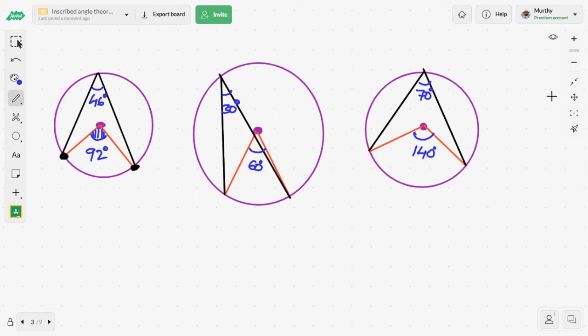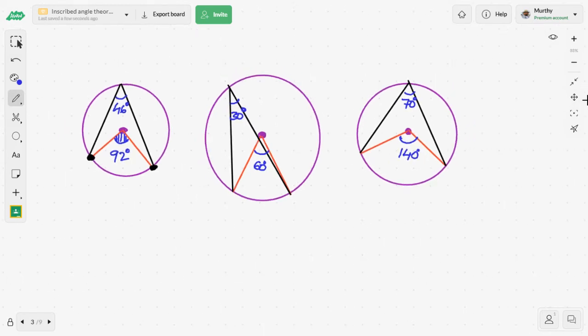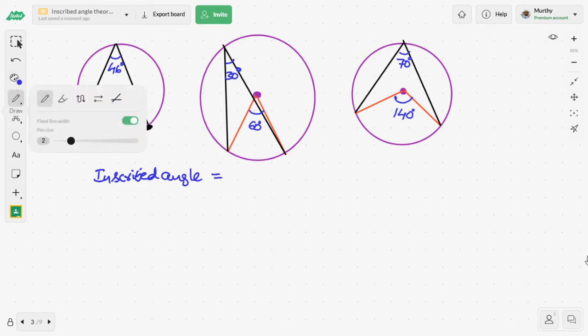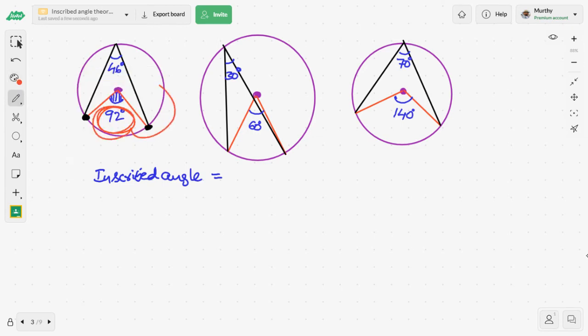So from this experiment, you can say that the measure of the inscribed angle equals, if you observe carefully, this is 92 and this is 46. 46 is half of 92.